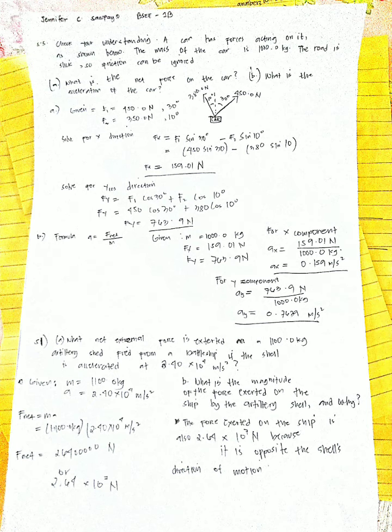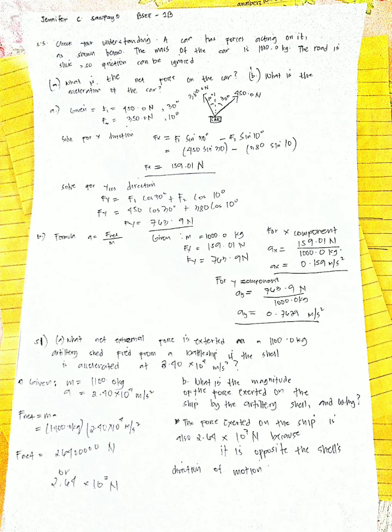5.1 Problem solving. What net external force is exerted on a 1,100 kilogram artillery shell fired from a battleship if the shell is accelerated at 2.40 times 10 to the power of 4 meters per second squared?